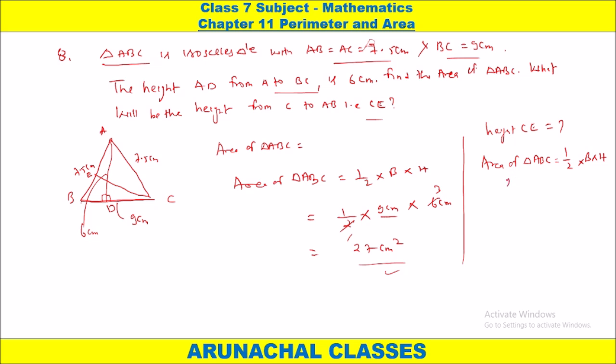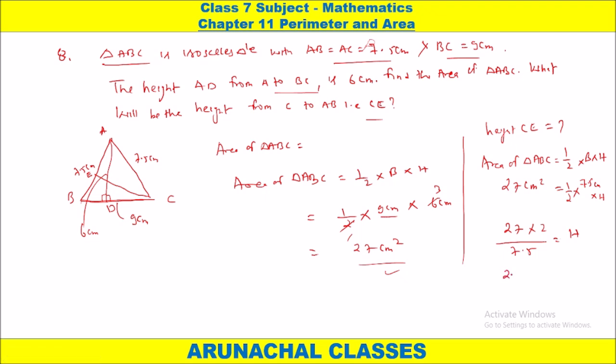We have found the area of triangle as 27 centimeter square, which will be equal to half. This time I have to take the base as AB, that is 7.5 centimeter, multiplied with height which is unknown. So it will be 27 multiplied by 2 divided by 7.5. That will be the height of the altitude, that is CE.